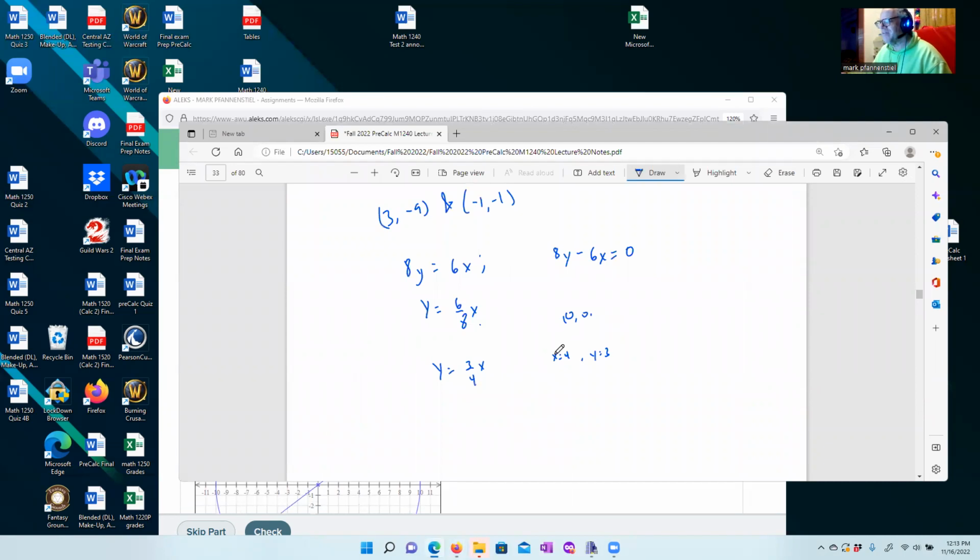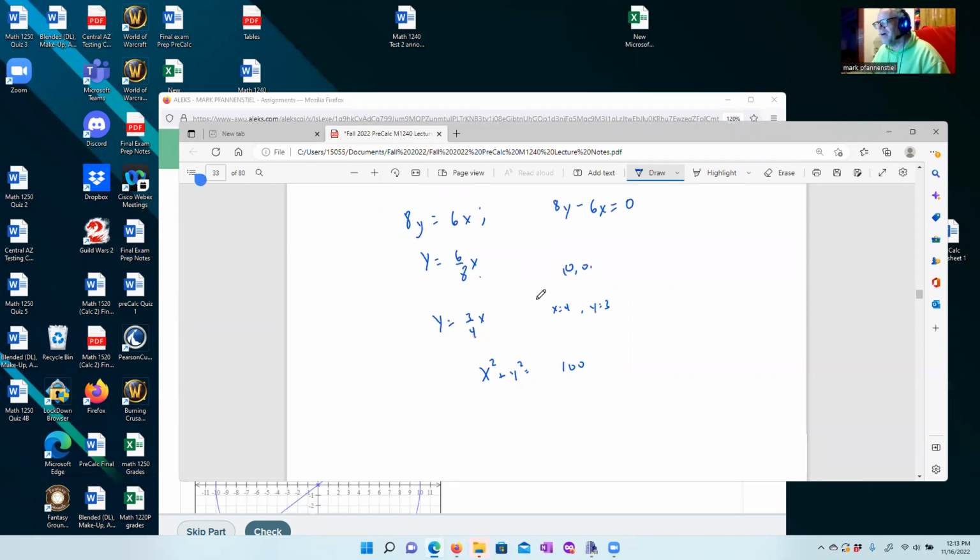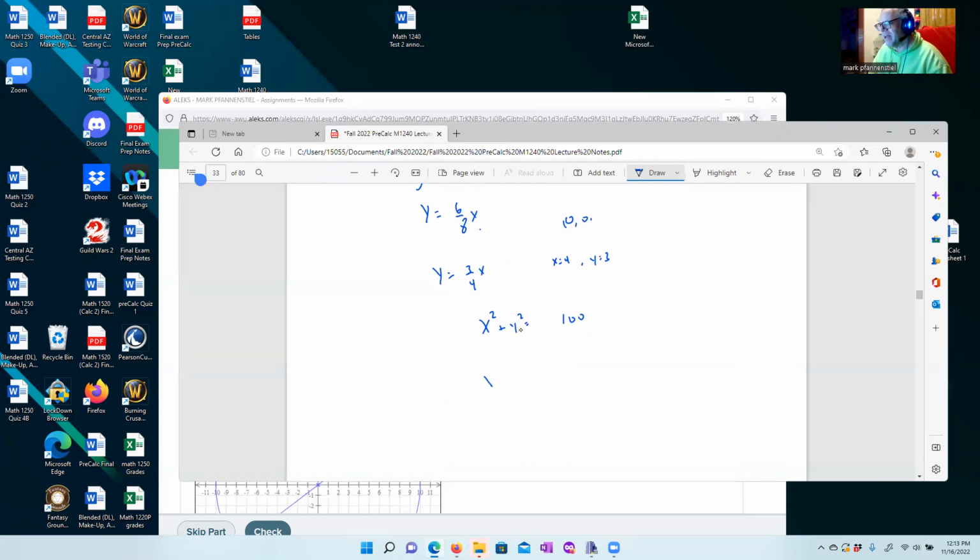So we have 8y is equal to 6x, and then we have x squared plus y squared equals 100. So we're just going to say, okay, we have here y is equal to 3/4 x. So we have x squared plus (3/4 x) squared equals 100. Go ahead and square that: that's going to be 9 over 16 x squared equals 100.